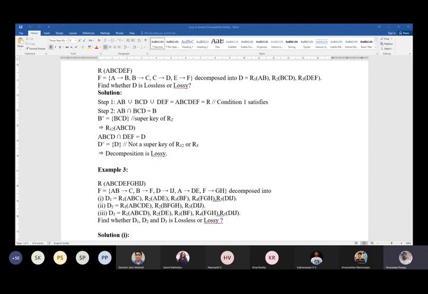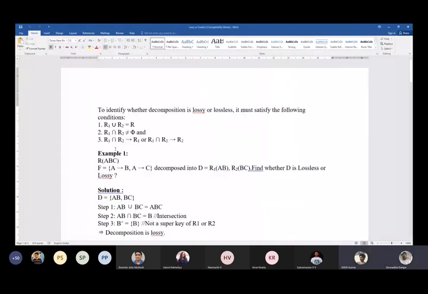Kiran Reddy, you want to contribute? Sir, can you show the conditions at the top, sir? Once again. Yeah. So these are the 3 conditions.